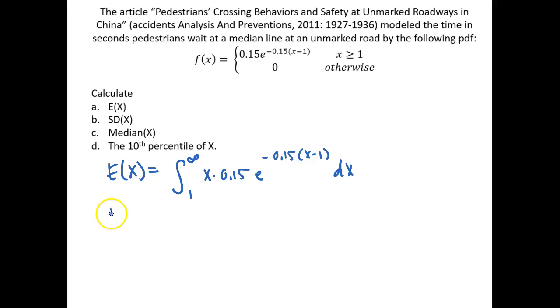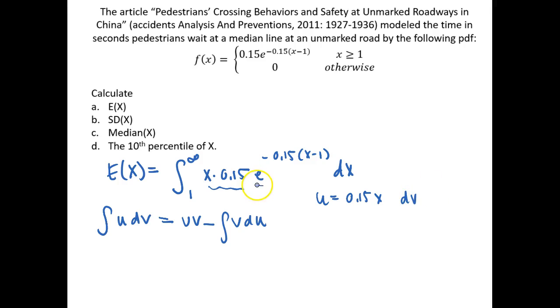So what this means is that we have a function where we want to integrate u dv, which is equal to uv minus the integration of v du. In this case I'm going to define u to be equal to 0.15x, and I will say that dv is going to be e to the negative 0.15 x minus 1.